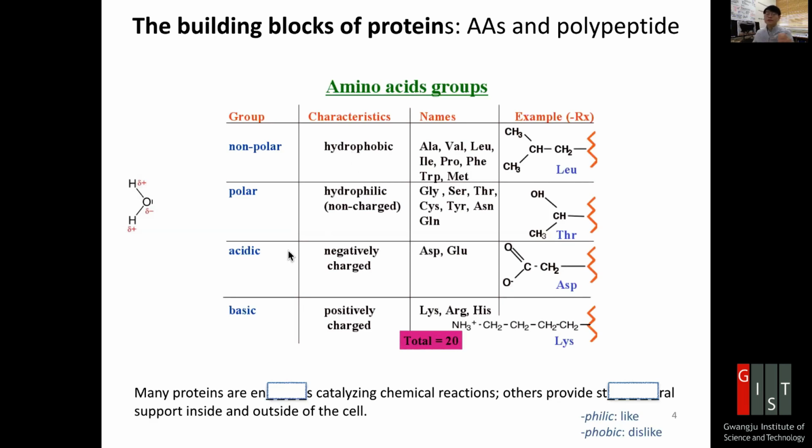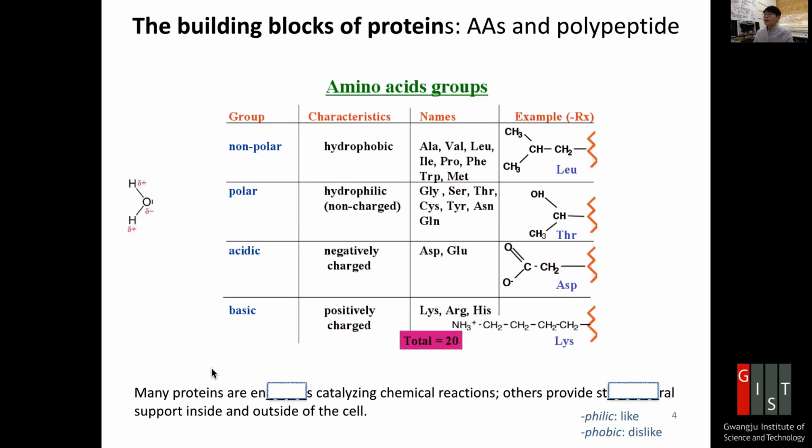The other aspect is the actual charged molecule. For example, aspartate, one example of an amino acid, has CH, COO minus. This is negatively charged. So aspartate or glutamate are negatively charged, and these will be an acidic group. On the other hand, like this lysine molecule, you see this positively charged NH3+, and this will be a basic group.